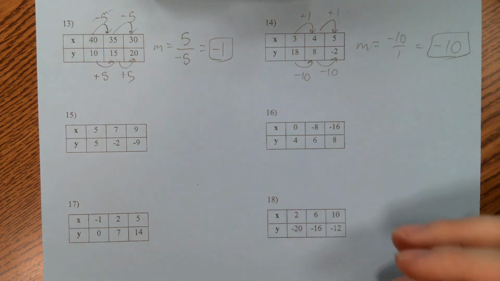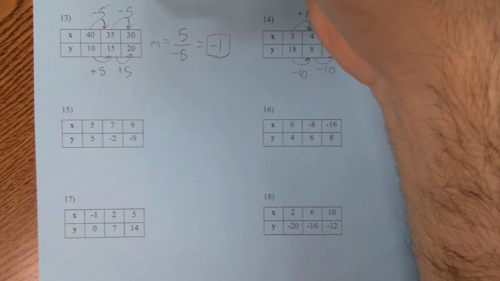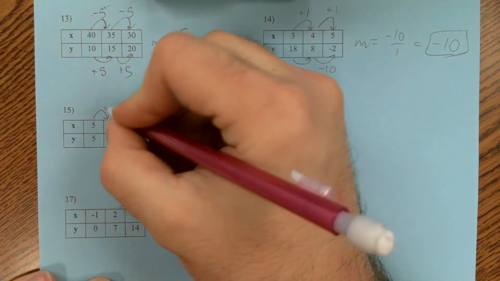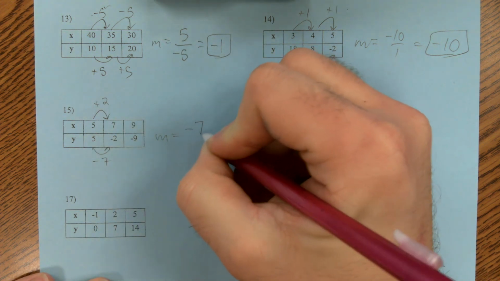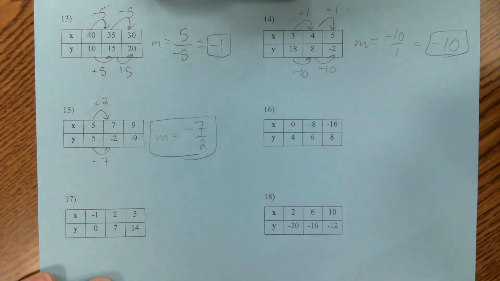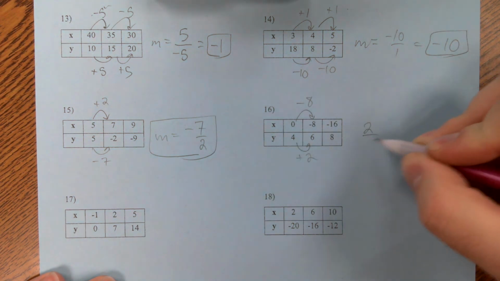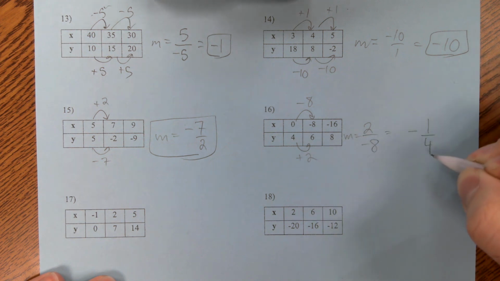We've got to get going on the notes, so I'm going to kind of just breeze through these last 4 just so you can check your work and get your answers. But it's pretty repetitive at this point, so we're just going to keep going. So we add 2, we minus 7. Slope is negative 7 over 2. Minus 8, plus 2. 2 over negative 8 gives us negative 1 over 4.